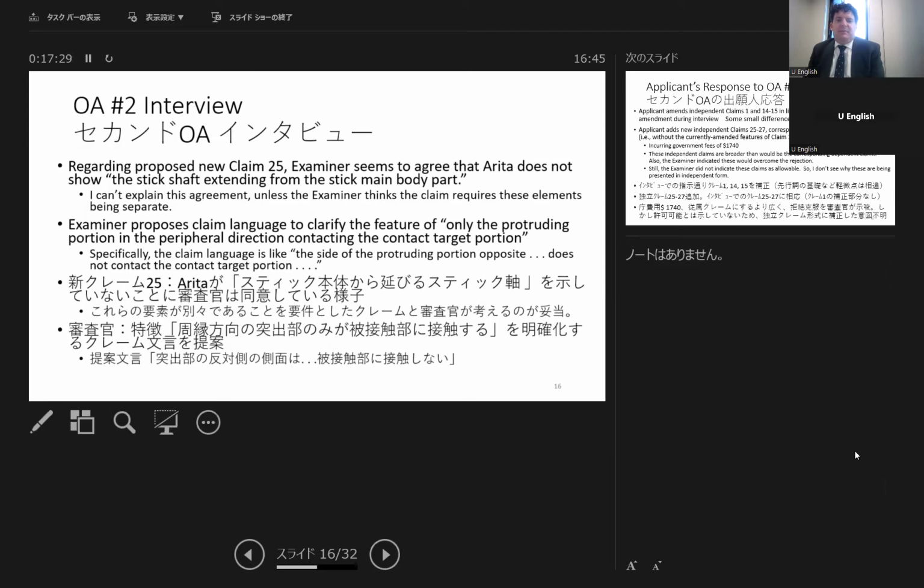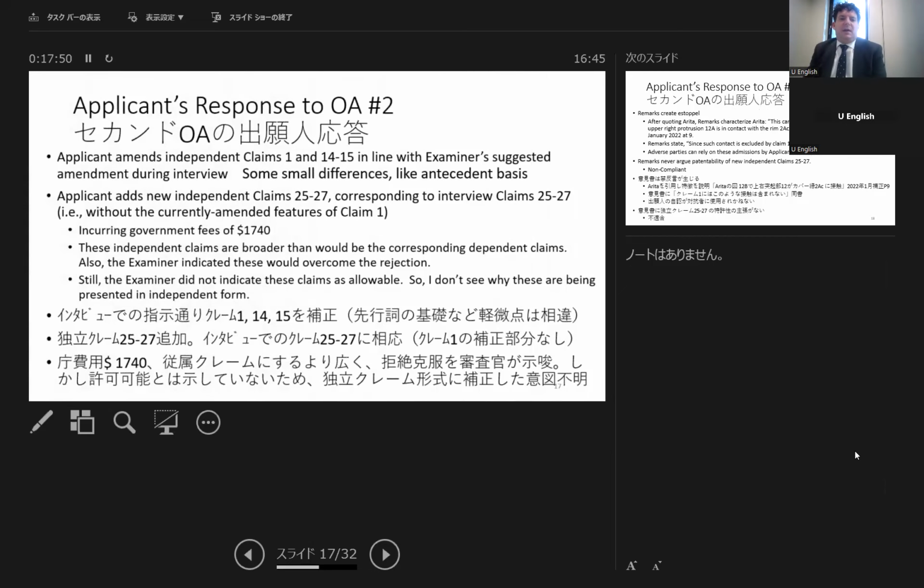The specific claim language that the examiner proposes is something like: the opposite side of the protruding portion does not contact the contact target portion. And this becomes relevant in a moment because the applicant amends the independent claims that way.